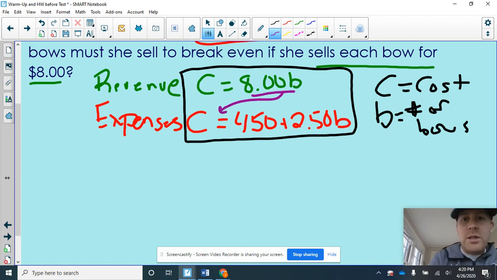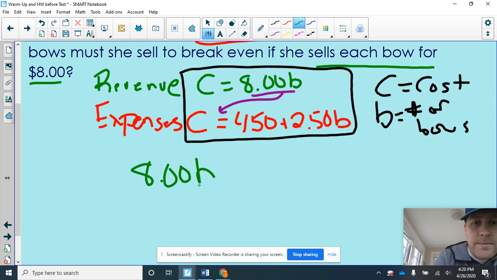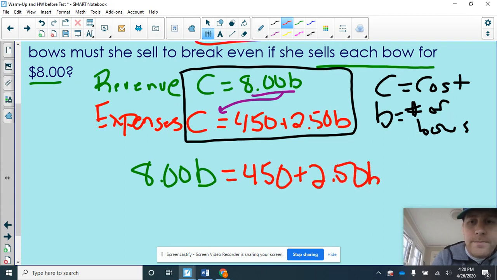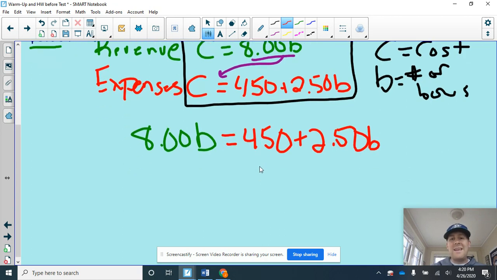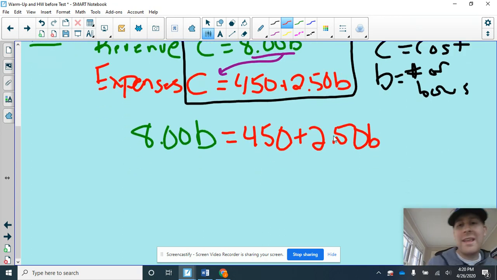So my bottom equation is going to read as C, which we know is 8.00B, and that's going to equal 450 plus 2.50B. Okay, now we have a two-step equation, guys. So I want to get my terms with B on one side of the equation. So I'm going to subtract 2.50B from both sides.